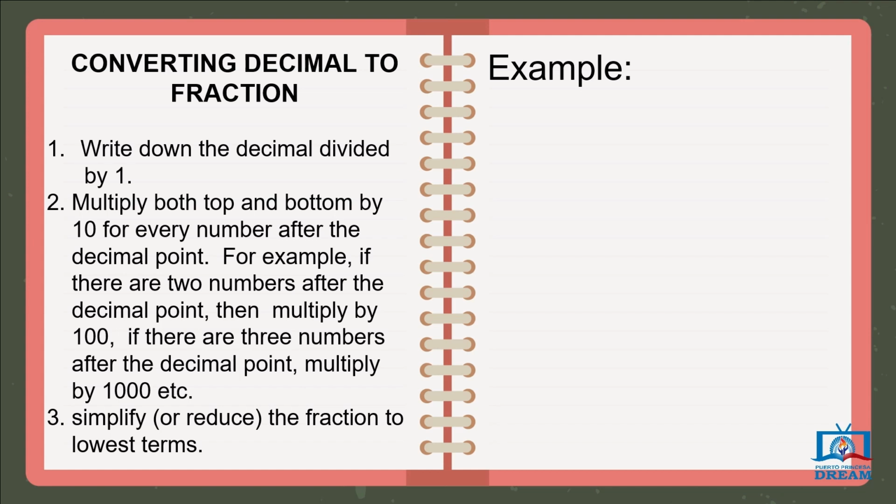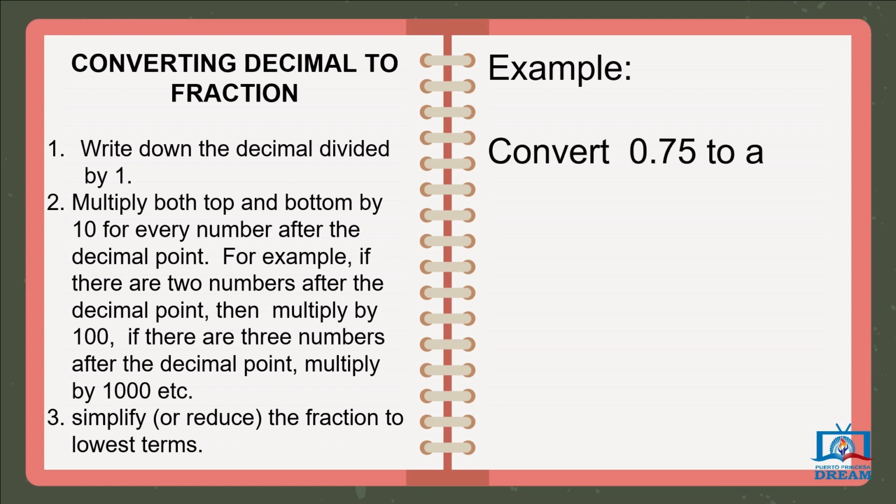Multiply both top and bottom by 10 for every number after the decimal point. For example, if there are 2 numbers after the decimal point, then multiply by 100. If there are 3 numbers after the decimal point, multiply by 1,000, and so on. Step 3. Simplify or reduce the fraction to its lowest term.